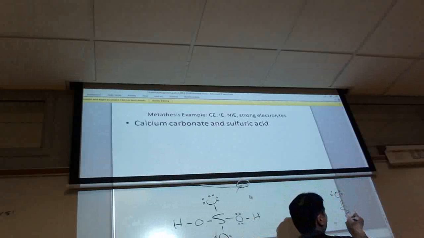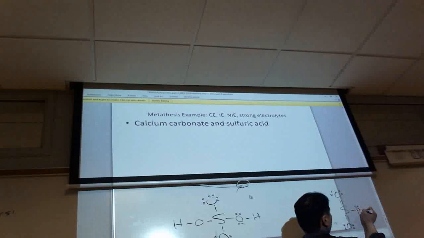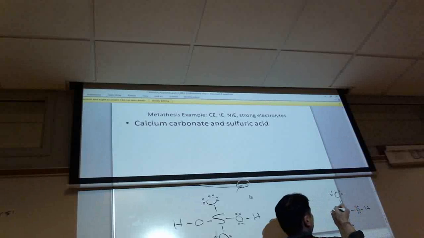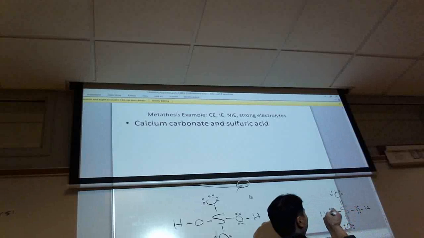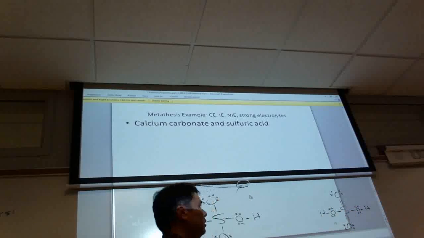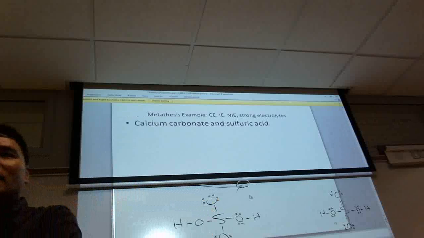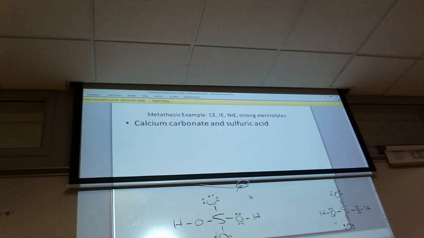In fact, this is the way I learned sulfuric acid too. Wikipedia has 2 double bonds and 2 single bonds on the sulfur. It's still tetrahedral, right? Yeah, still tetrahedral.